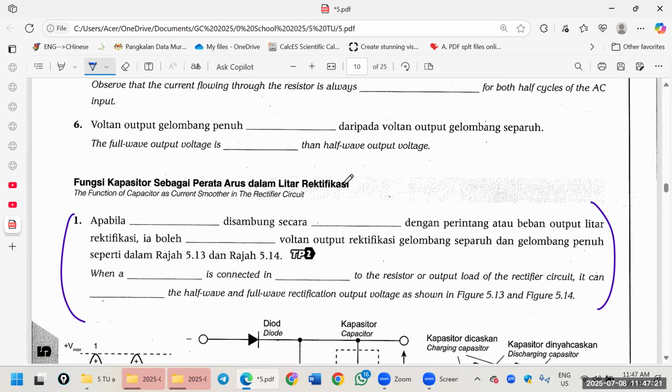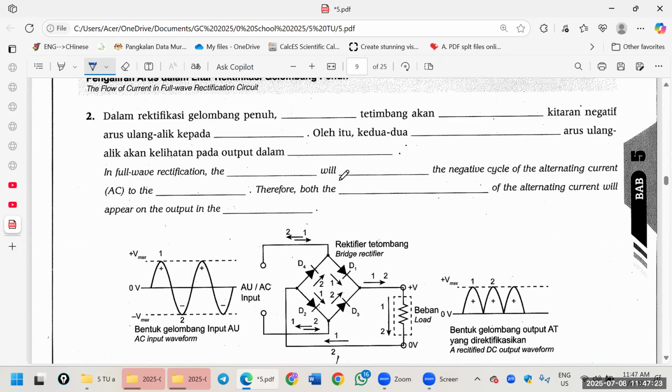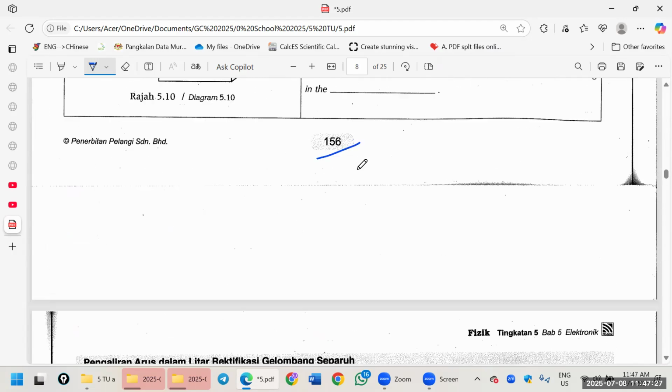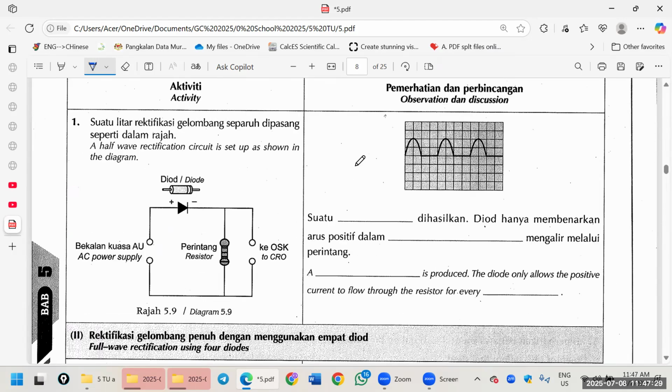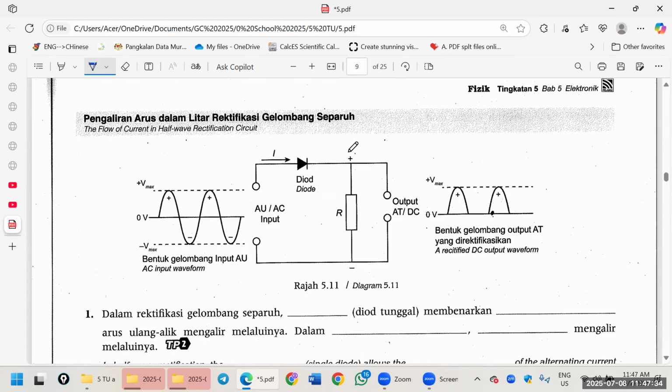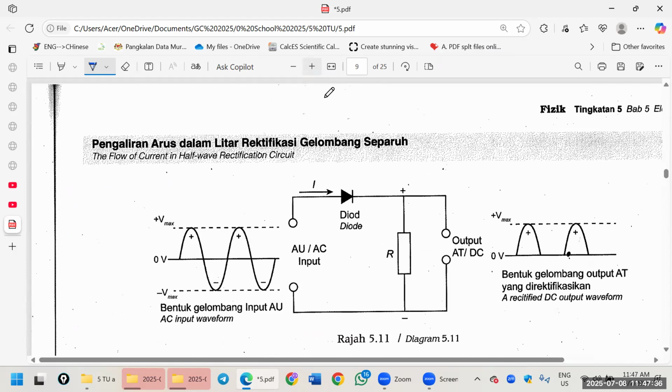Okay, now look at page 157. This is 157.